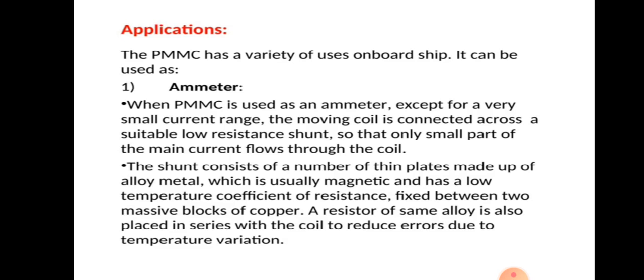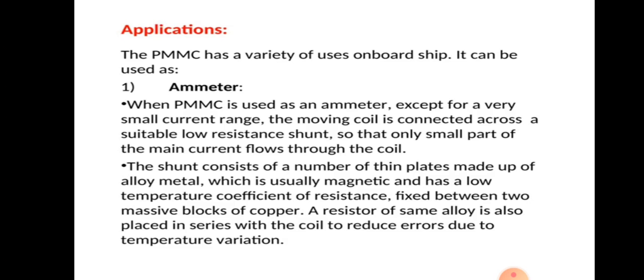It can be used as an ammeter. When PMMC is used as an ammeter, except for a very small current range, the moving coil is connected across a suitable low resistance shunt so that only a small part of the main current flows through the coil.